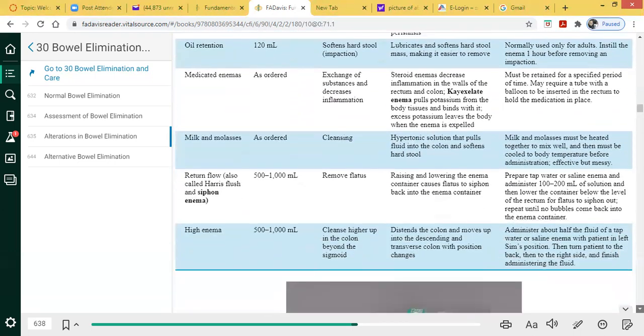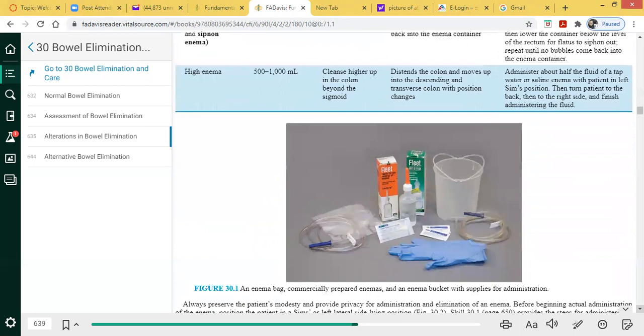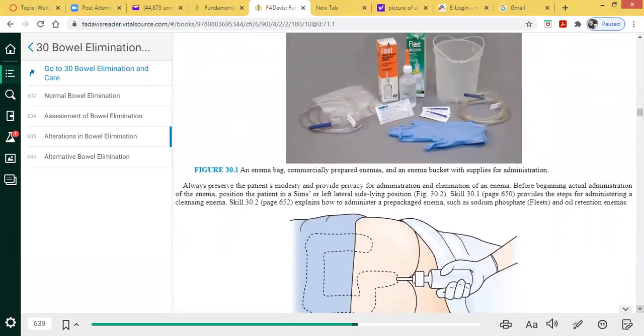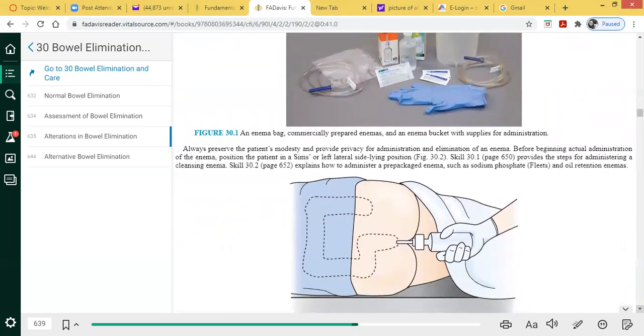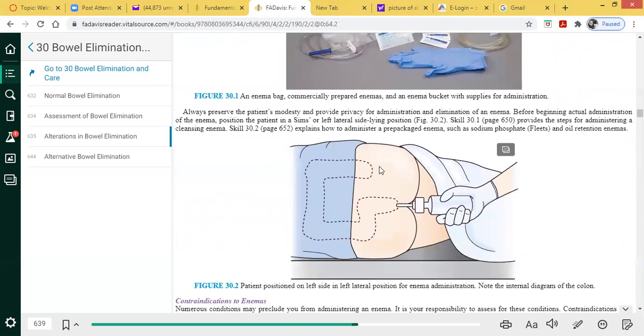It's important to know how to use each enema. When inserting an enema, one of the better positions is putting the patient on the left lateral side, as well as in Sims' position. Those are the best positions for a patient who is getting an enema. And of course, you want to lubricate the enema tip before inserting.